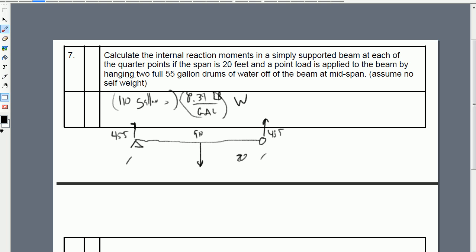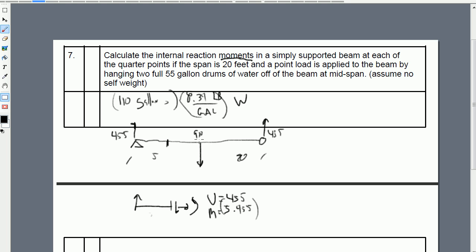So what is the internal reaction moments? We now are going to walk to the quarter point, 5, and we're going to cut a free body diagram. And we know with that, you've got something there. You're going to cut a tension, a moment, and a shear. Obviously, the shear here is equal to 455, and the moment is going to be equal to 5, which is the distance from the quarter point, 5 times 455.